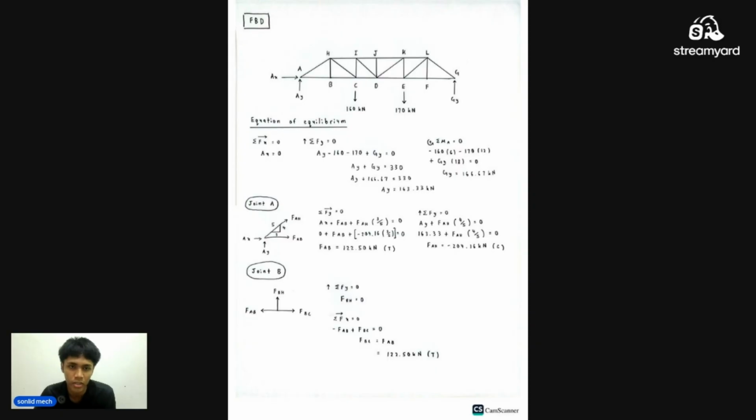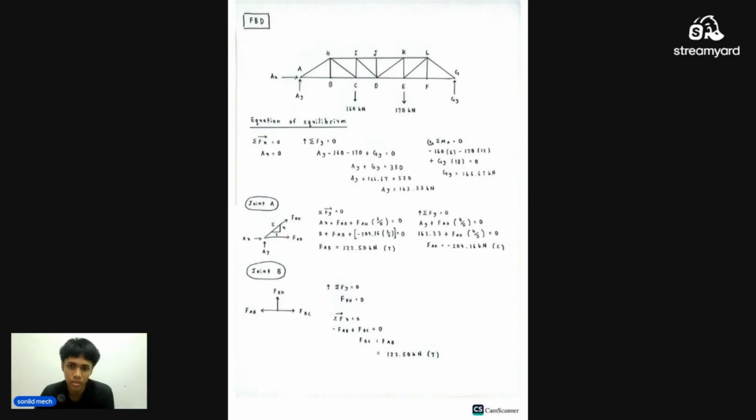And then after we do the equation of equilibrium, we start with joint A. So for joint A, we have FAH and FAB. We can find the FAH value first. So total Fy equals to 0.